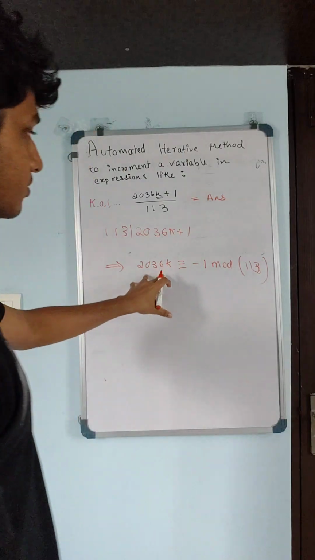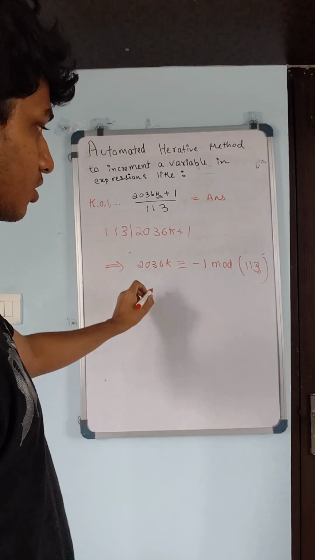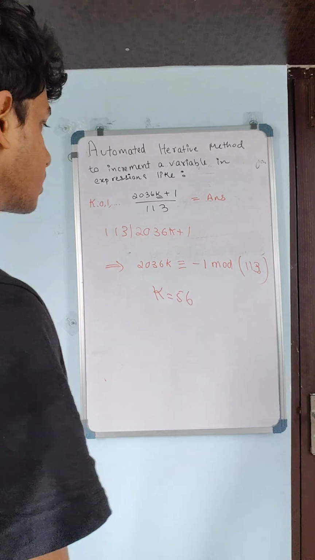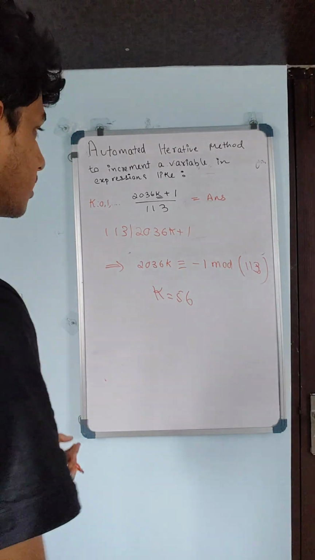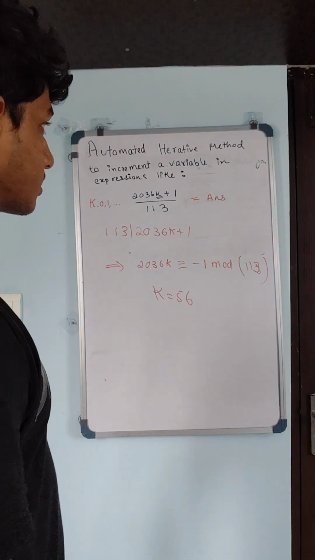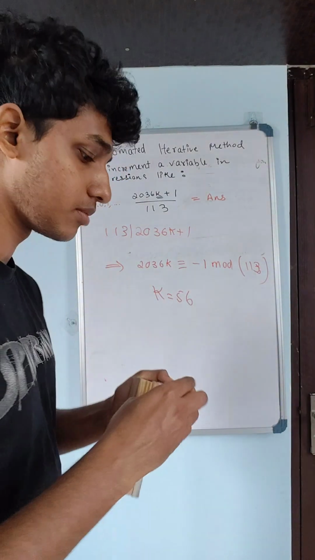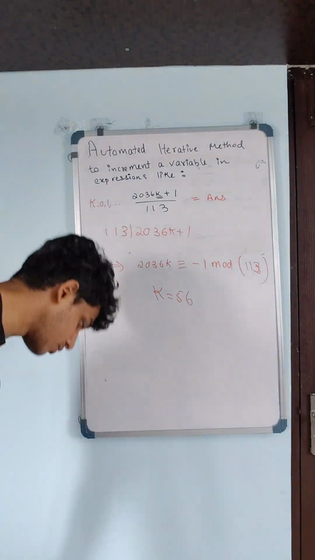So you could solve this, and this also will give you k equal to 56. But since you have a calculator in hand, you could just speed up the process by doing this method. And again, if there are easier methods that you know of, please do let me know.